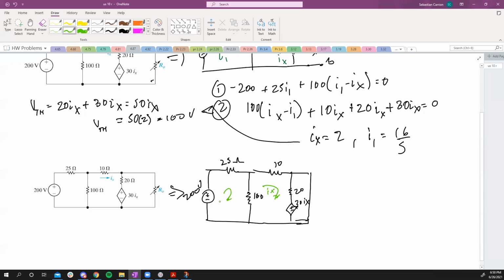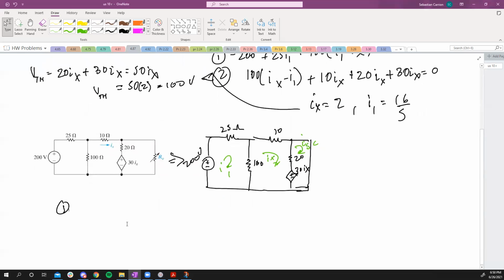This IX, I'm going to call this I1, and then I'm going to call this loop I short circuit. So we write the equations. For our first loop with the I1, it's negative 200 plus 25 I1 plus 100 times I1 minus IX equals 0.